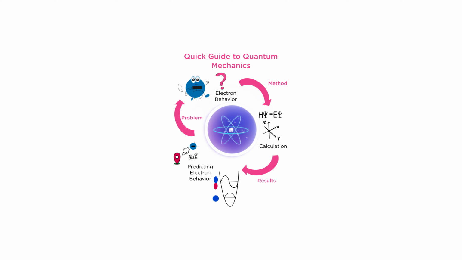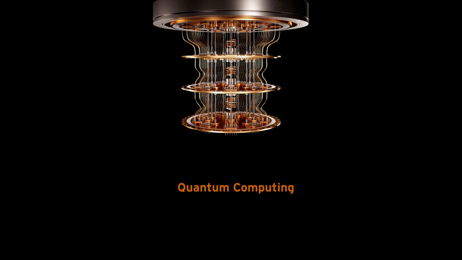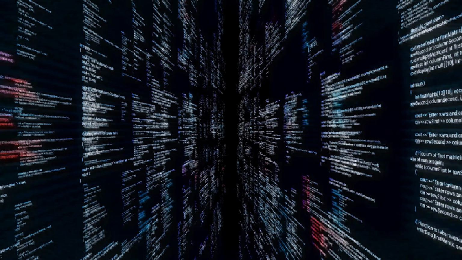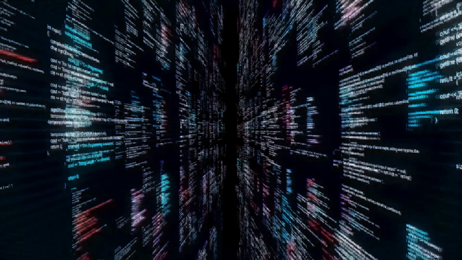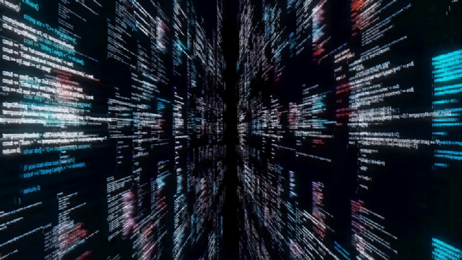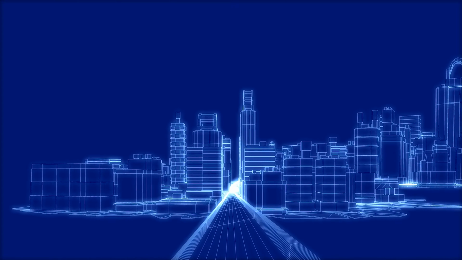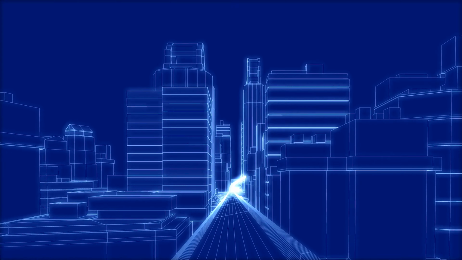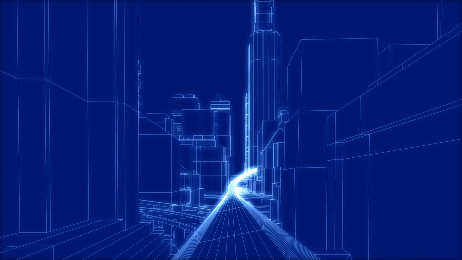Quantum mechanics is the branch of physics that studies these behaviors and provides a mathematical framework to describe them. Quantum computing is the application of quantum mechanics to the field of computation, which allows for the creation of powerful new algorithms that can solve problems that are currently considered unsolvable even by supercomputers. So buckle up and get ready to take a quantum leap into the mysterious and exciting quantum kingdom.